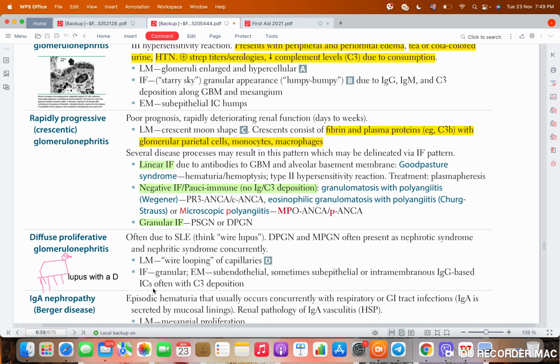Antibody, excellent. So it's due to antibody to the glomerular basement membrane and alveolar basement membrane. If you remember, I told you about Goodpasture syndrome, that Goodpasture not being so good. He has two guns, yeah? And he is firing what? Antibodies.